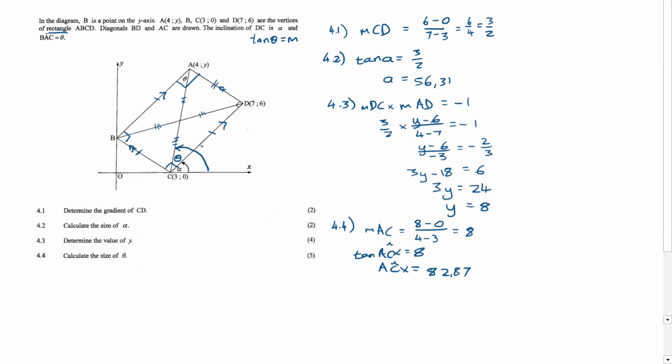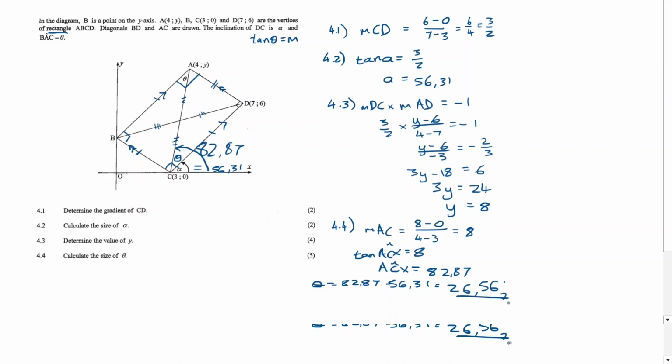So if I know this whole angle is 82.87, but I know that the little a is 56.31, I can just subtract them to get my answer. And so theta would just be 82.87 minus 56.31, and that leaves you with 26.56 degrees.